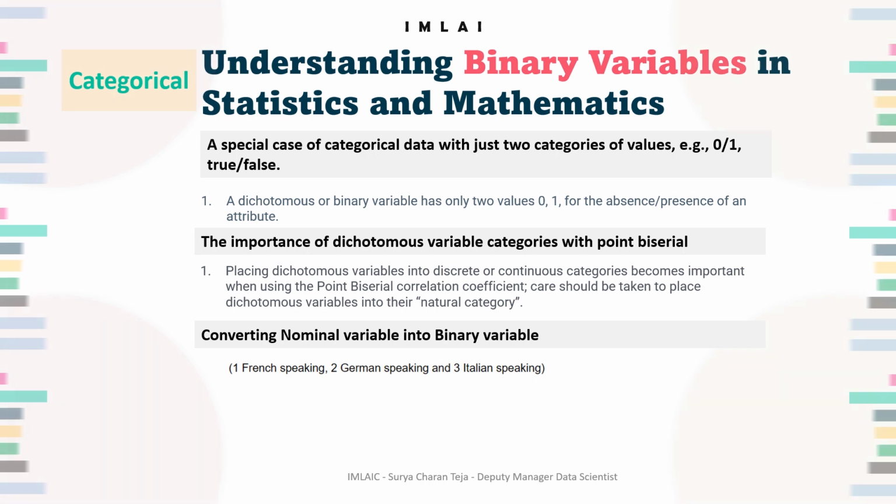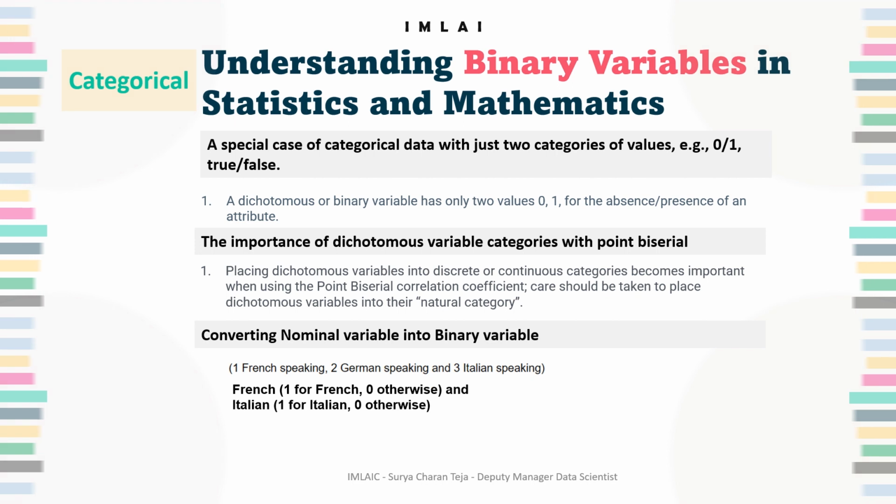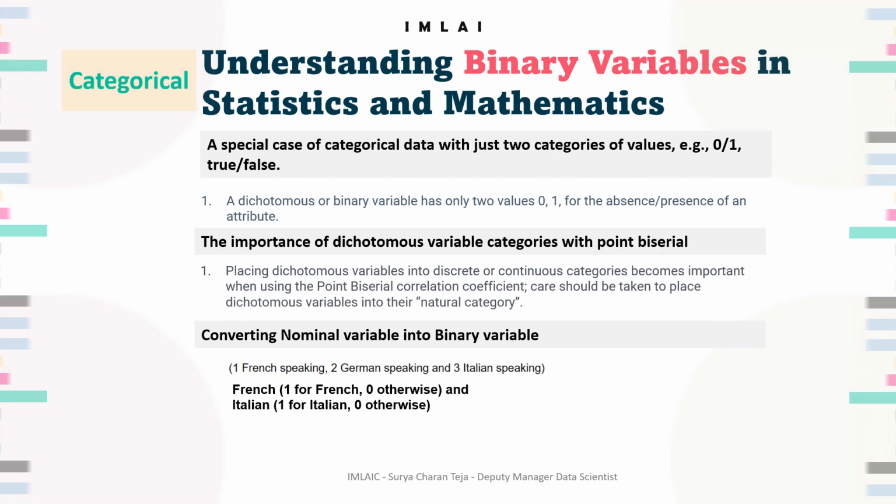So this can be converted into two binary variables, or we can call them dummy variables. The first one is French: 1 for French, 0 otherwise. And the second variable is Italian: 1 for Italian, 0 otherwise.